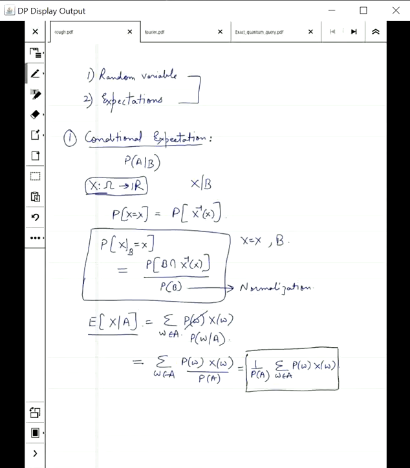With the knowledge of the expectation of X given A, we can define a new theorem, which is the partition theorem for expectation.